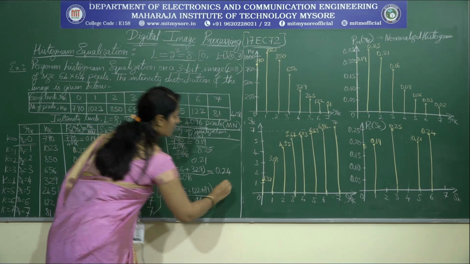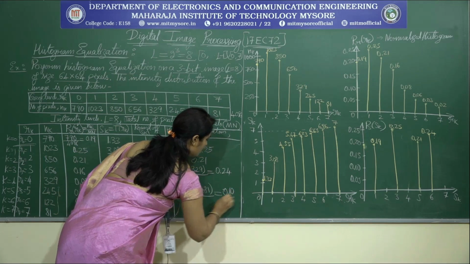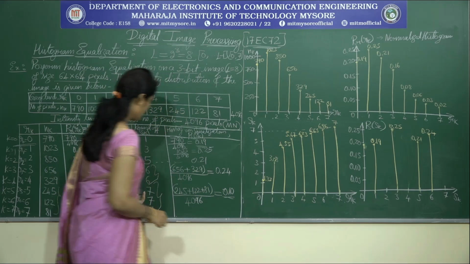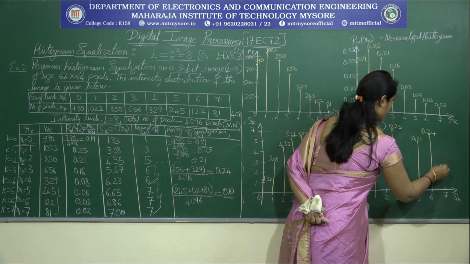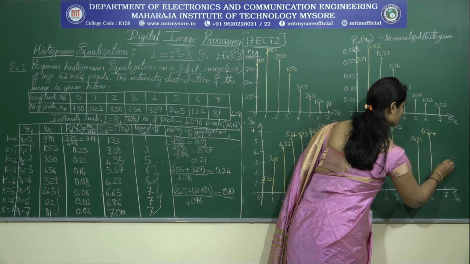This results in 0.10. So when Sk is equal to 7, I should map this to 0.10.